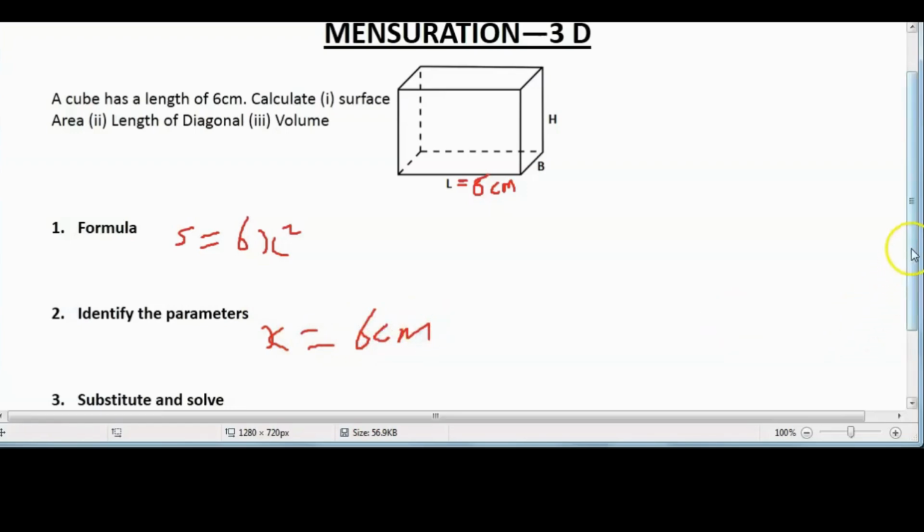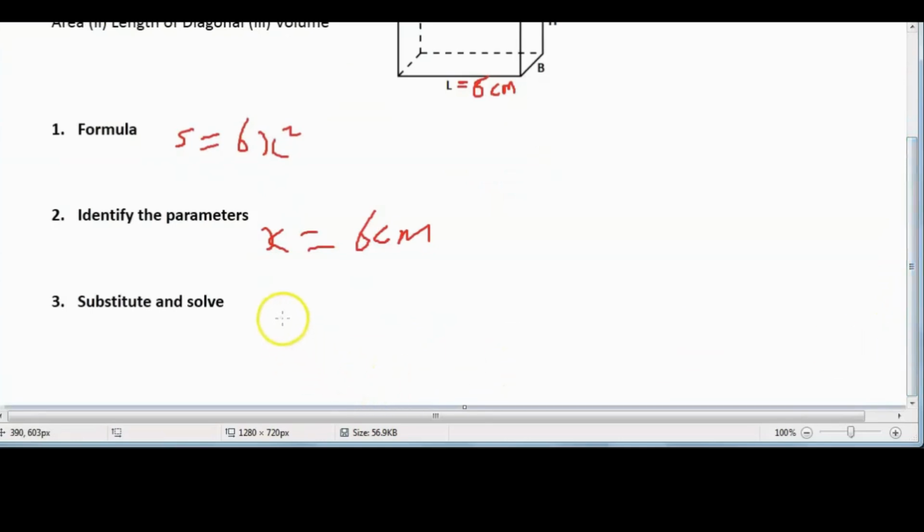Now we're going to substitute and solve. S is equals to 6 times 6 squared. X squared means x times x. If x is 6, then 6 squared means 6 times 6.